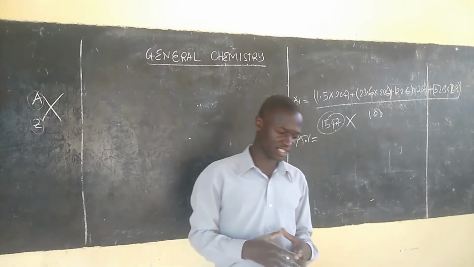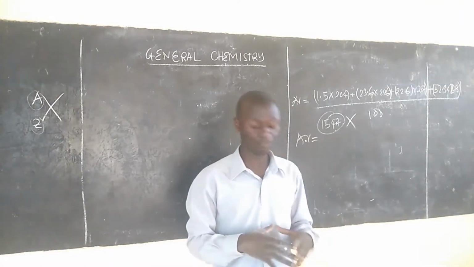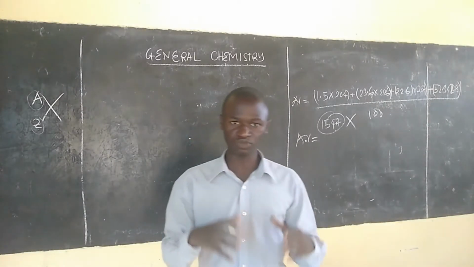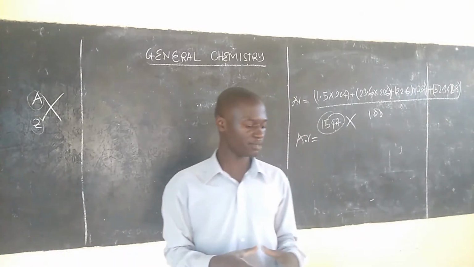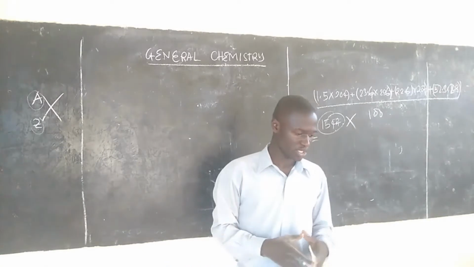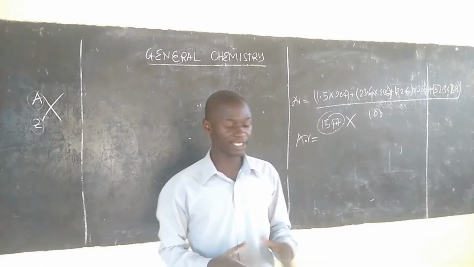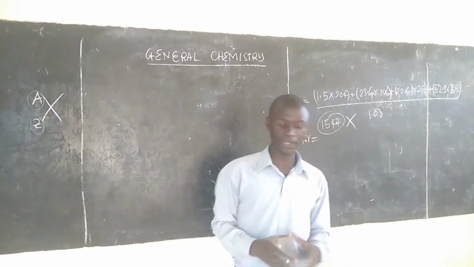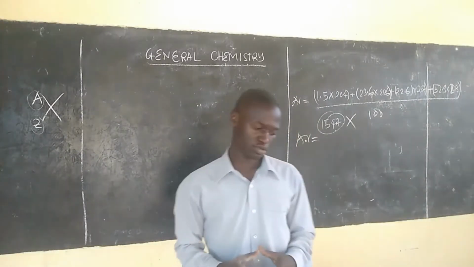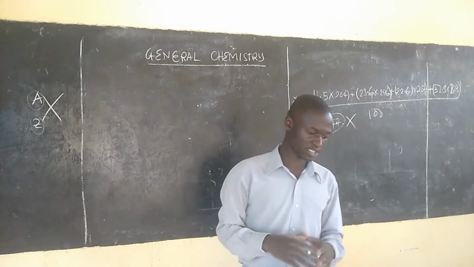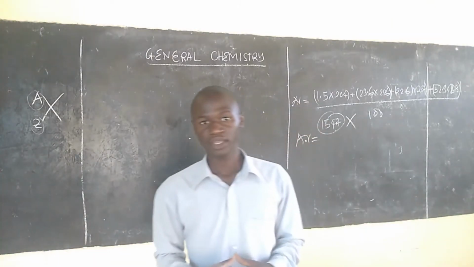Among the earlier scientists to explore atomic structure, we had J.J. Thomson, whom we have discussed in the discovery of electrons. Then we had Ernest Rutherford, and then Niels Bohr. These are the scientists who described the earlier atomic structure.